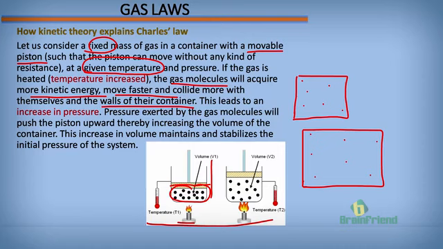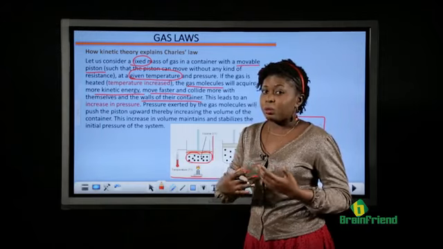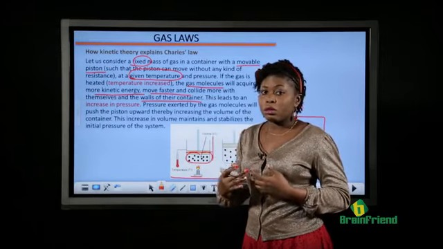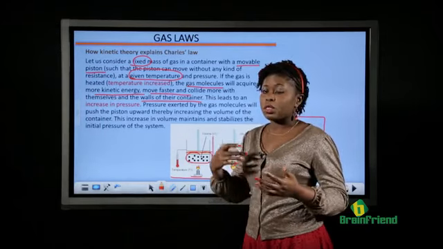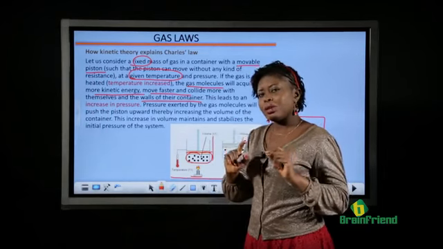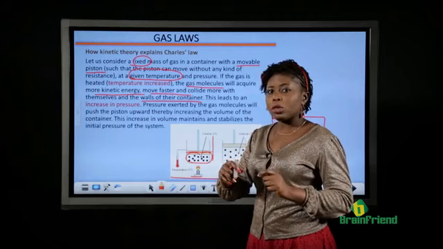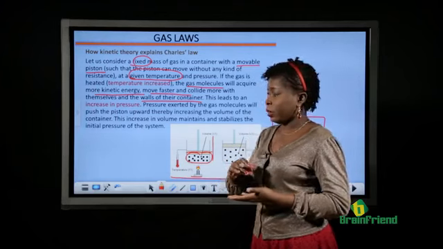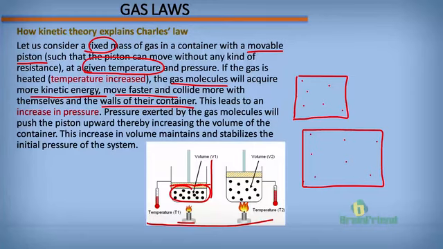Now, when this temperature is increased, these gas molecules gain more kinetic energy. Pressure increases because they are moving faster, colliding with themselves and with the walls of their container. Now that increase in pressure is going to affect the volume of the system, so that the piston will move upward.